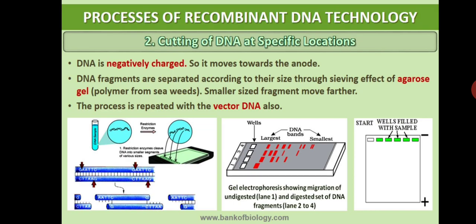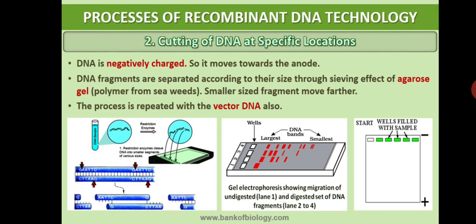The DNA fragments appear as bright orange colored bands. When you stain the DNA fragments with ethidium bromide and pass the ultraviolet radiation, the DNA bands appear as bright orange colored bands.